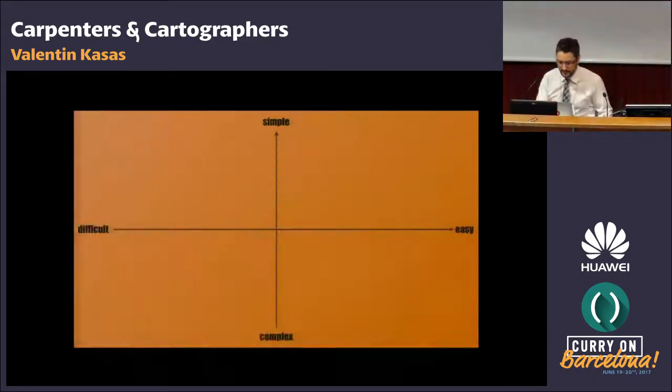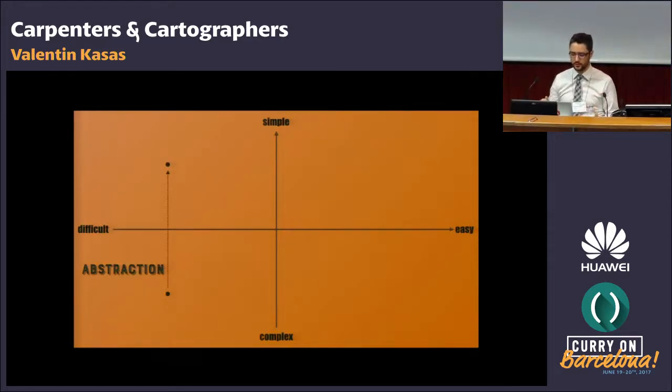So let's summarize a bit. We have abstraction that allows us to go from something which is complex and difficult into something that is simpler, but still difficult. And then we have metaphors that take something that is abstract and difficult into something that is more concrete and easier to grasp.